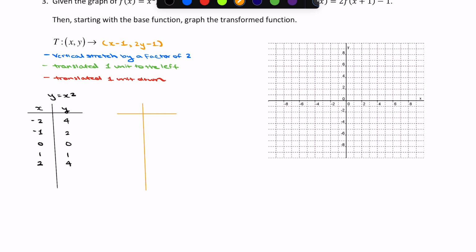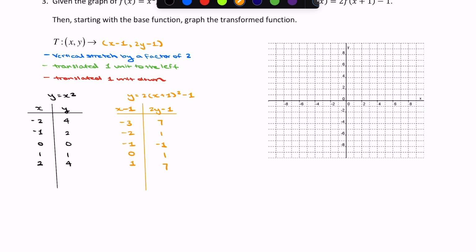And so here, for our transform function, we'll have y is equal to 2(x plus 1) squared minus 1. So here, again, our x values, x minus 1, and y values, 2y minus 1. So we'll set those values in. We'll get negative 3, negative 2, negative 1, 0, and 1. And for our y values, we'll get 7, 1, negative 1, 1, and 7.